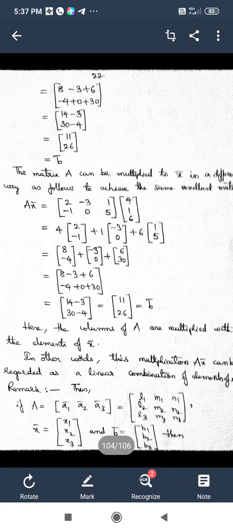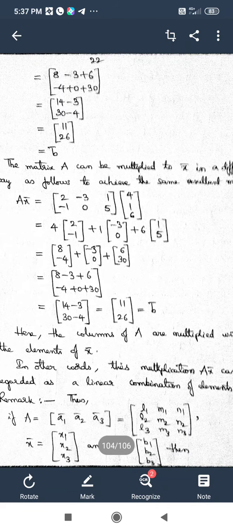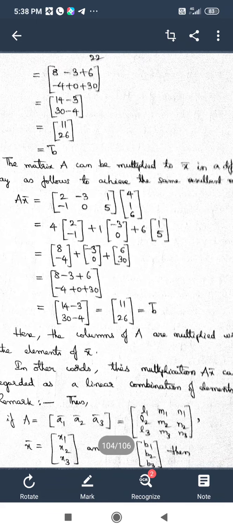This represents that the column vector A1 bar is equal to L1, L2, L3, the first column in matrix A, and A2 bar, the second column vector in capital A, can be taken as the column vector M1, M2, M3, and A3 bar, the third column vector of the matrix A, can be taken as N1, N2, N3.